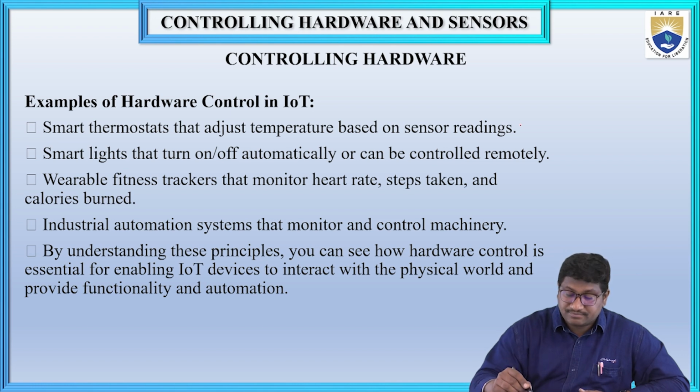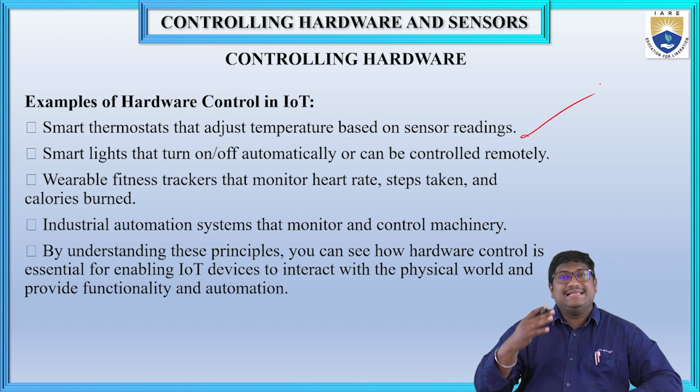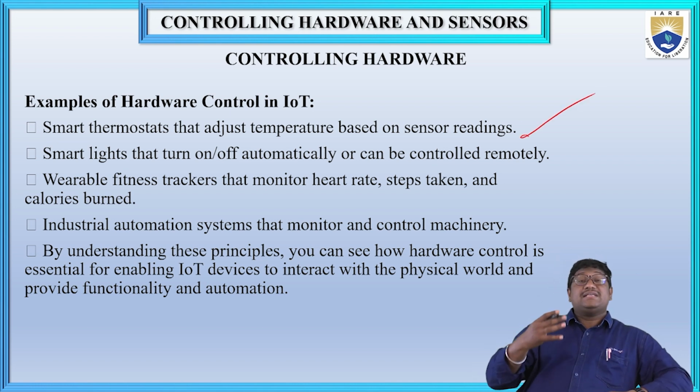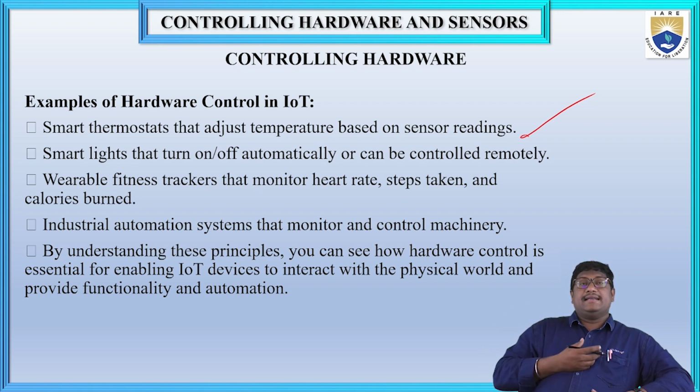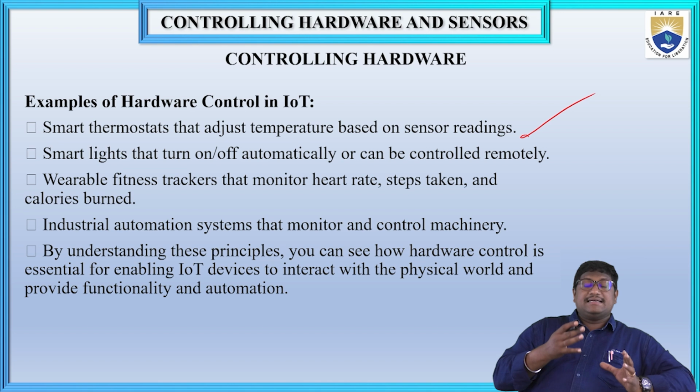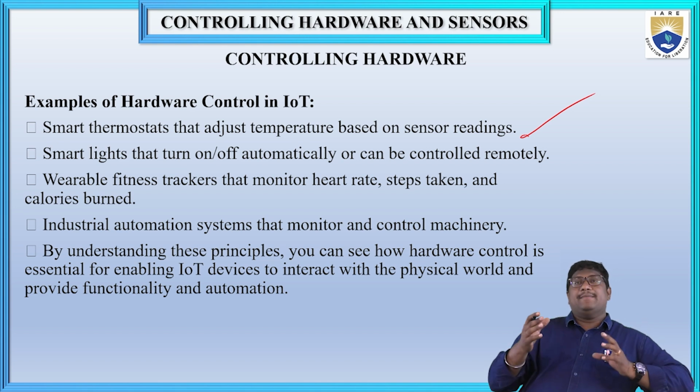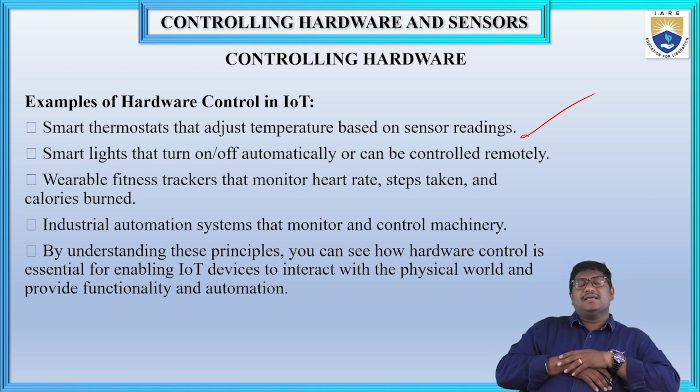Have a look. A smart thermostat adjusts the temperature based on sensor readings. See, these smart thermostats are going to adjust the temperature based on sensor readings. For suppose I am seated in my house and the room temperature is 34.